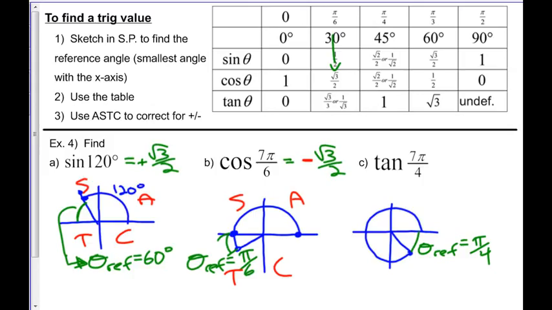So all we have to do is figure out what the tan of pi over 4 is. It's the number 1. Great. We fix it up for its sign. And we see that in quadrant 4, only cosine is positive. So tangent is negative.